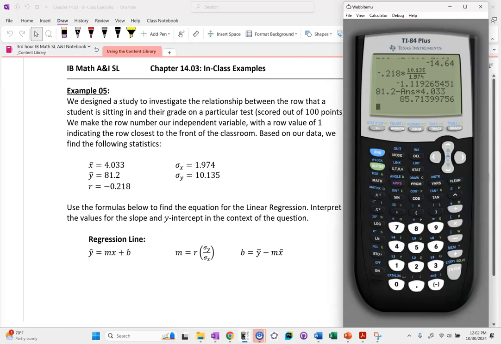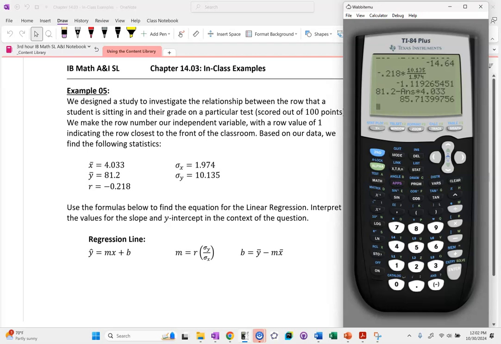All right, what does the slope mean in the context? How would we say this? The negative 1.12 is the slope.